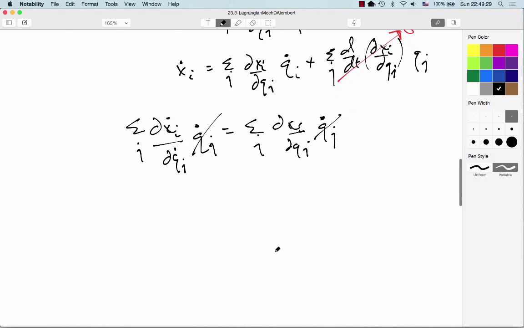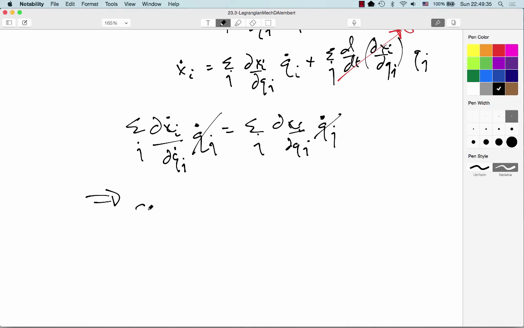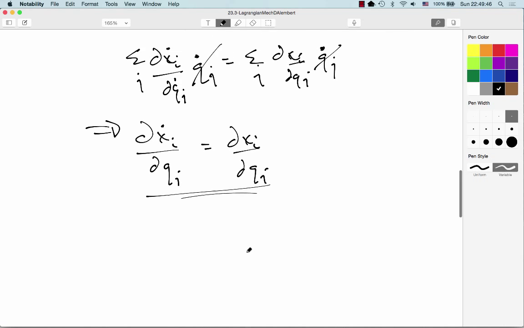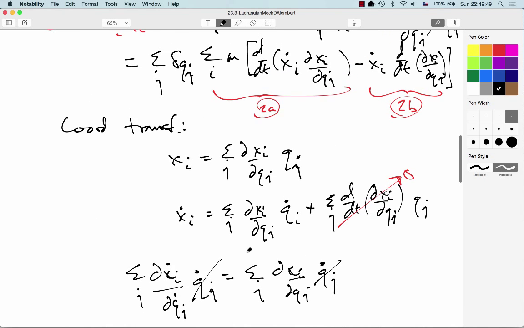So we came up with this before, but just by way of reminder, just like when we did this with the least action principle, we end up with partial xi dot partial qj dot is equal to partial xi partial qj. Excellent.